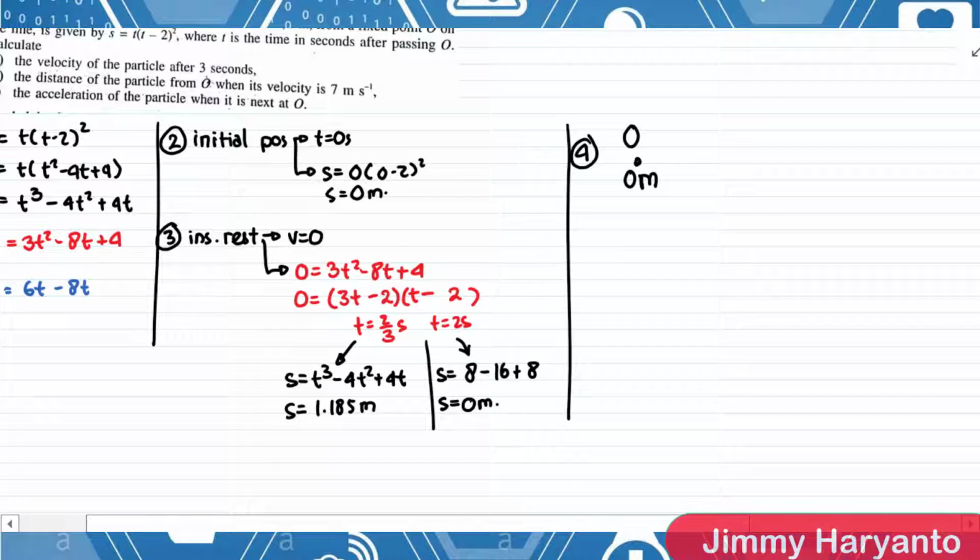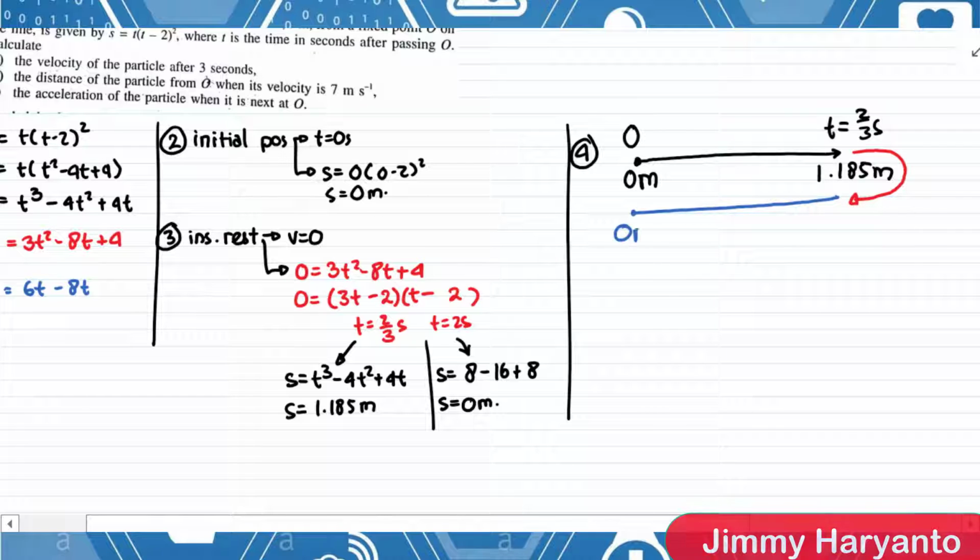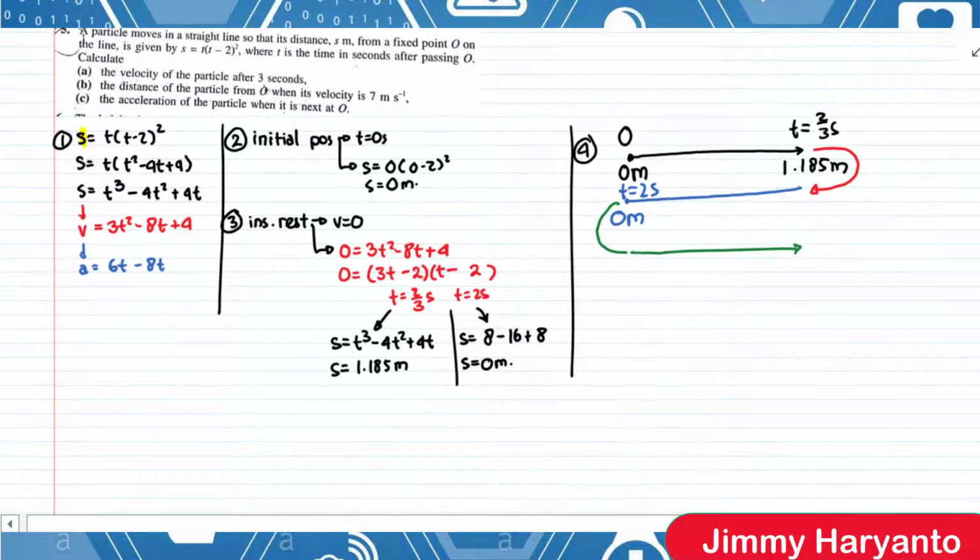That means the particle starts moving from point O and then goes to the right side until it reaches the time of 2/3 seconds, and the distance is 1.185 meters from O. And then the particle will take a U-turn like this, and then continue moving to 0 meters. It happens when time equals 2 seconds. Then it will take a U-turn and then continue the motion.